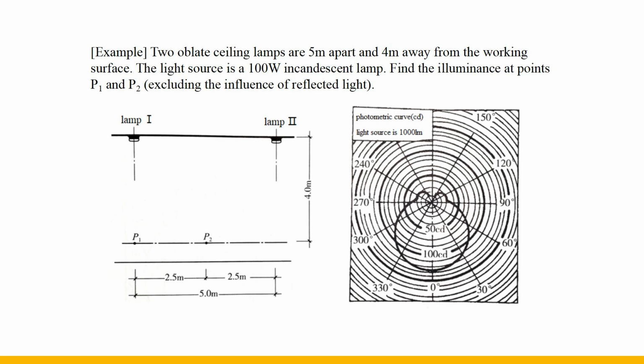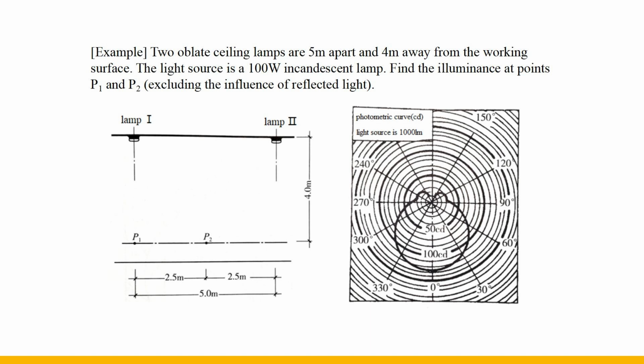The idea of solving the problem is to find the luminous intensity from the photometric curve and use the relationship between the luminous intensity and the illuminance to solve. First, find the illuminance formed by each lamp at each point. Determine the angle I between the normal of the working surface and the light according to the parallelogram theorem.